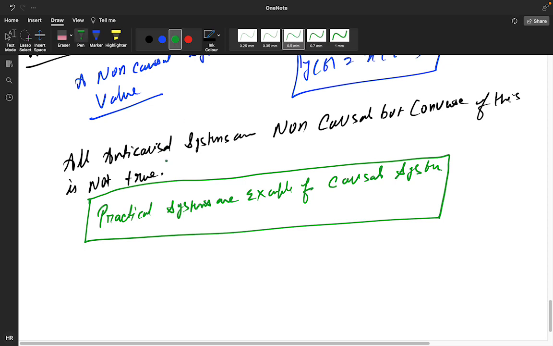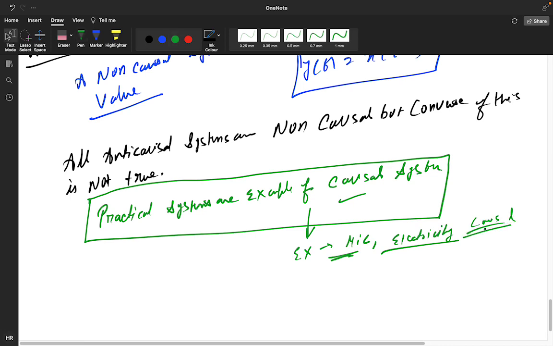All the practical systems are actually causal systems only. For example, practical systems are mic, electricity. These are all causal systems.